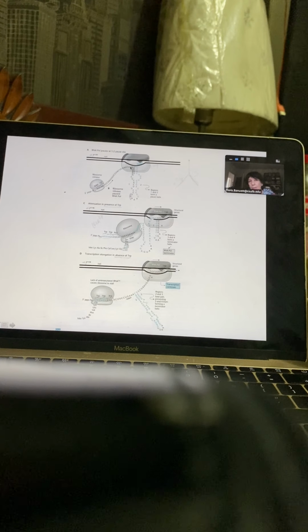The RNA polymerase pauses momentarily, then the ribosome encounters the Trp codons, it tries to insert the tryptophan, but there is no tryptophan, there is no or very little tRNA Trp.